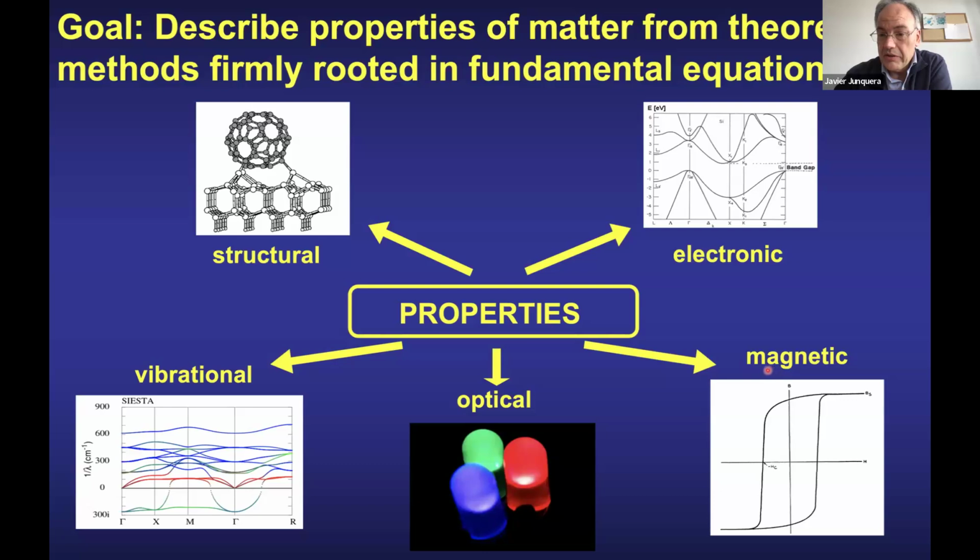And then we can order the spin in different magnetic structures that may be ferromagnetic, antiferromagnetic, ferrimagnetic, altermagnetic. So there are many different magnetic states. And then solving these equations, we can also find what is the most stable magnetic structure.